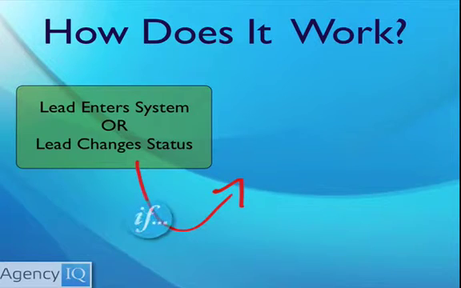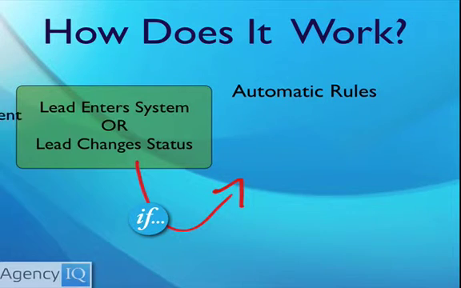Once we do that, if certain conditions apply, and this is your conditions section, you can say that if a lead matches a certain vendor, if it matches a certain criteria of any kind, and it's incredibly vast. If a lead matches a certain criteria, then we're going to automatically trigger those automatic rules and do whatever you tell us to do.